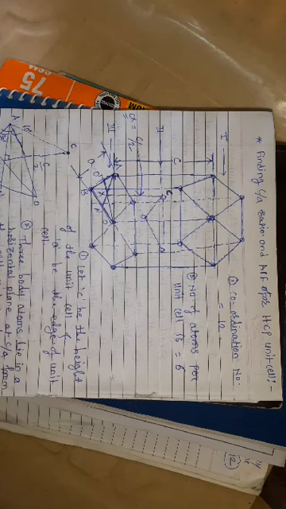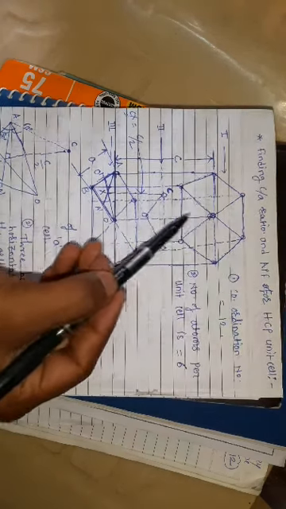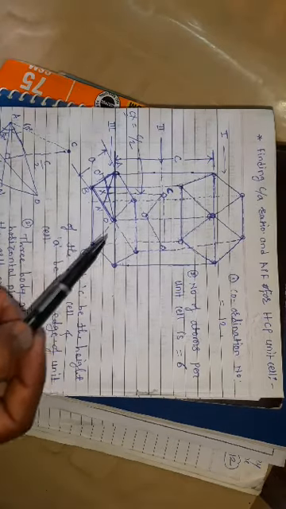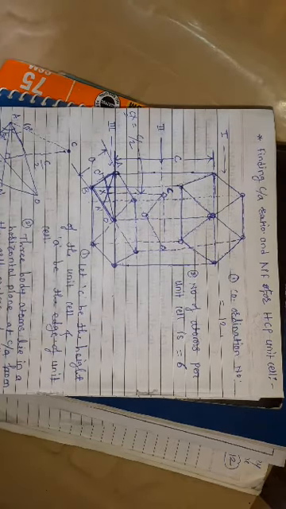What is the description of this unit cell? One atom at each corner of this hexagonal unit cell, one atom at the center of the hexagonal faces, and 3 more atoms within the body of the HCP unit cell.